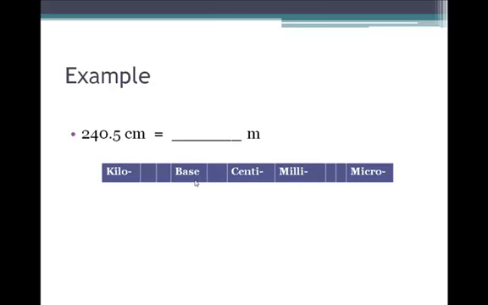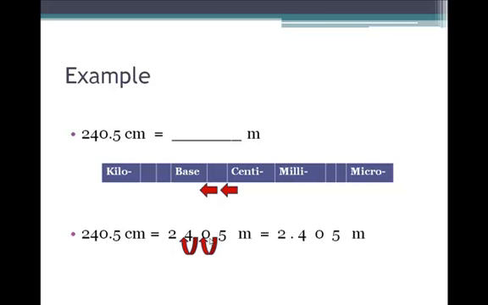We're going to have a movement of the decimal place 2 units from our decimal point. Our decimal point is sitting between the 0 and the 5. We move that 2 places to the left to get to our meter measurement, and that's going to be 2.405 meters, and that's equivalent to 240.5 centimeters.